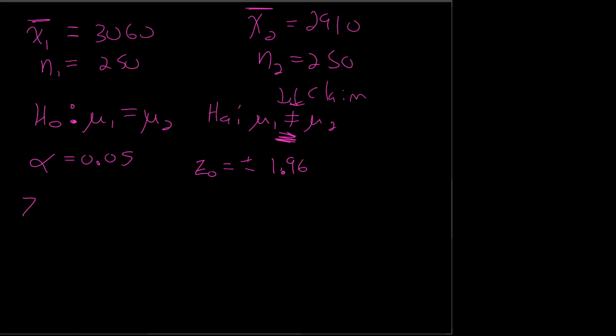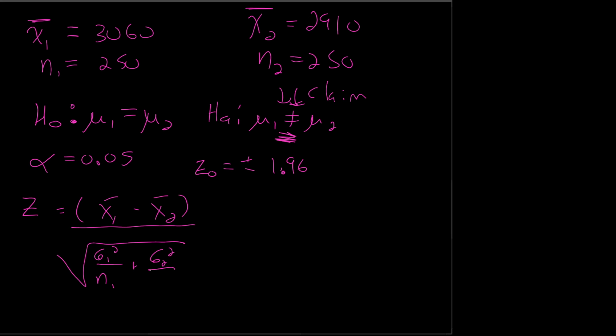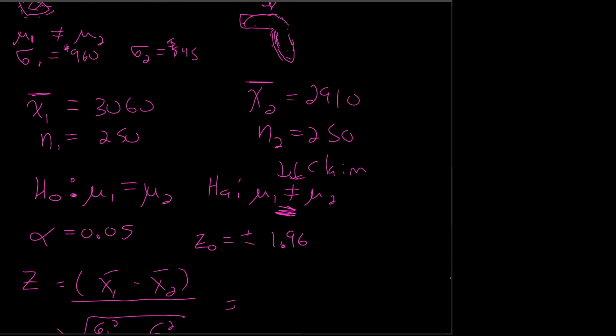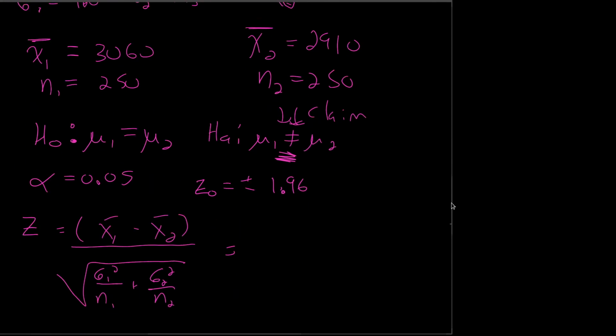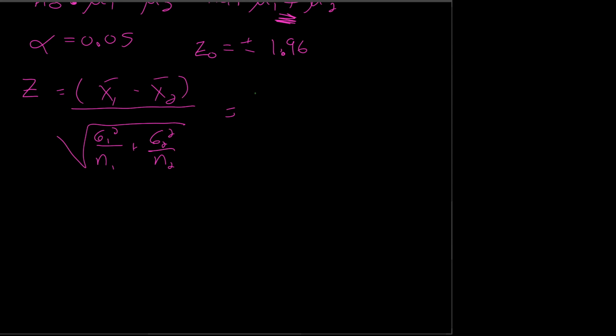And so what we do is we say z is equal to x1 bar minus x2 bar over the square root of sigma 1 squared over n1 plus sigma 2 squared over n2. And if we scroll up here and grab our numbers, 960 and 845. And I forgot, we have mu1 minus mu2.